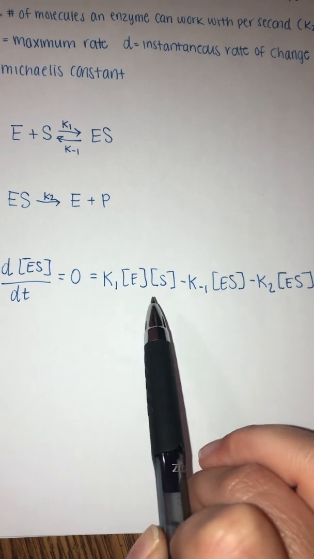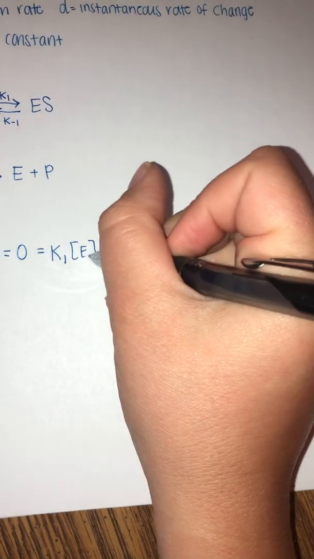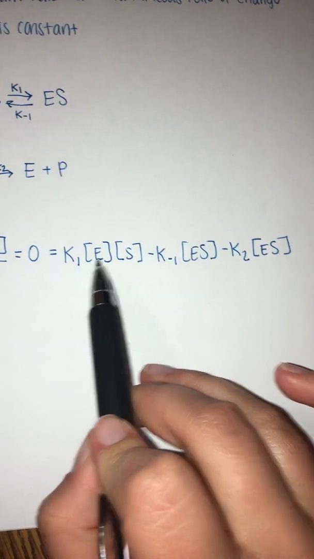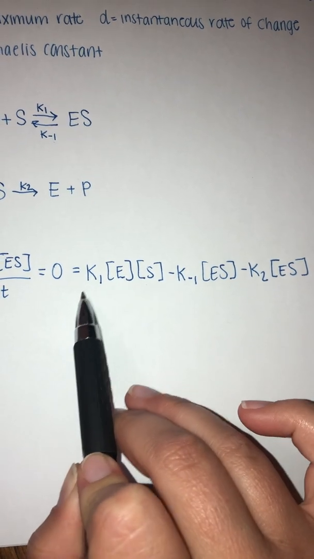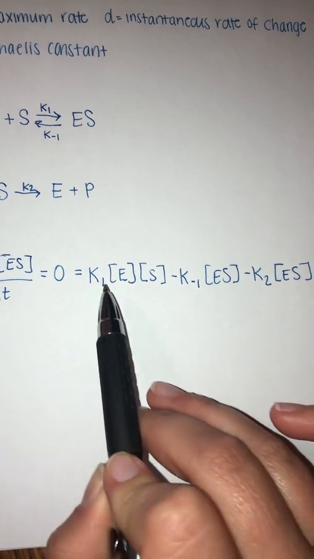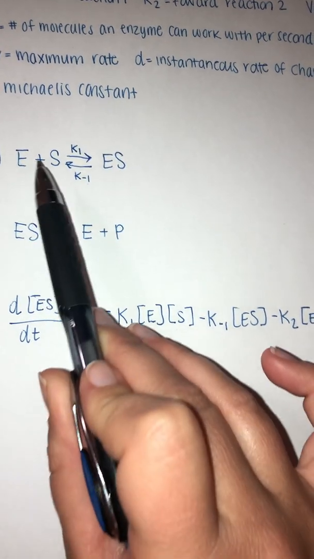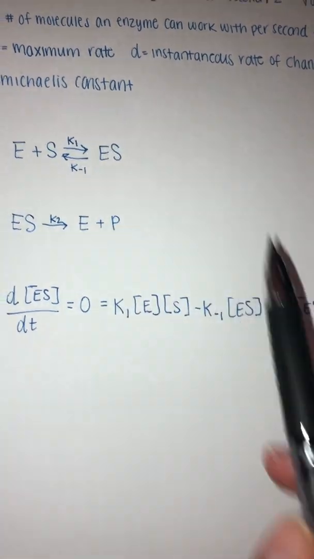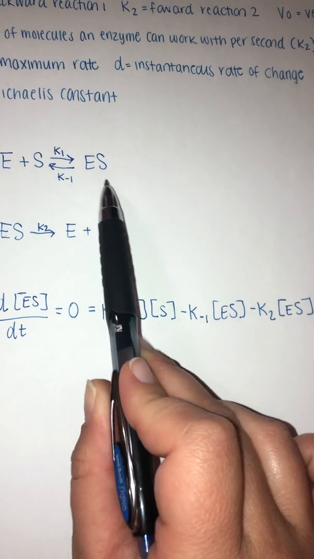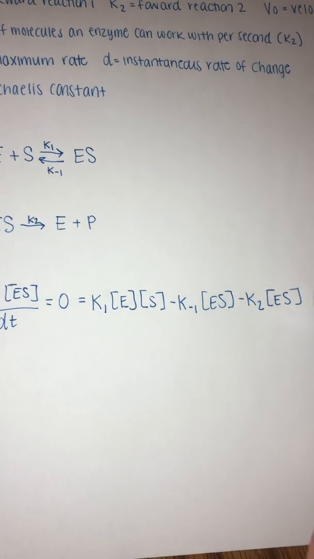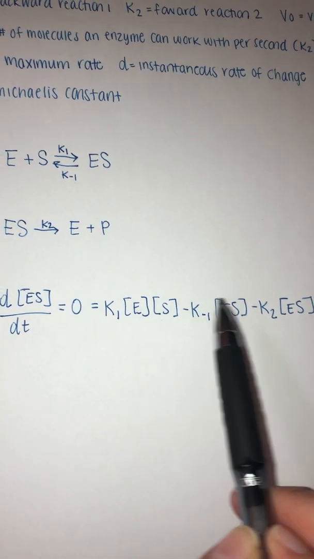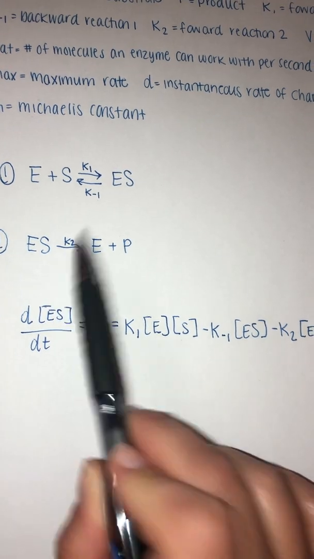This looks long and confusing, but all it's really saying is that each one of these is just the reactants for each one of these reactions. So E plus S are the reactants for K1, ES is the reactant for K-1, and ES is the reactant for K2.